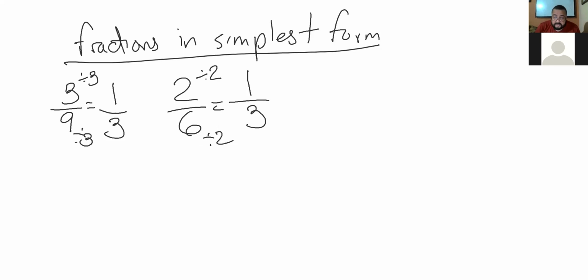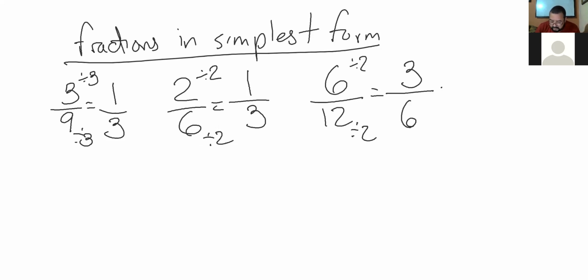And the third and last exercise we're going to work with is this one, 6/12. Let's simplify 6/12. Okay, both numbers can be divided by 2. So 6 divided by 2 equals 3, and 12 divided by 2 equals 6. This can again be divided by 3.